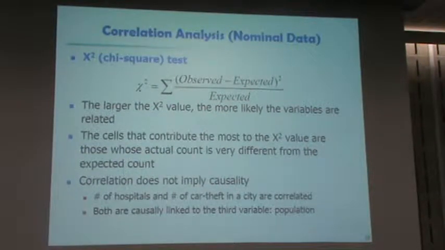So how can we find such correlated data to reduce the dimensionality? At that time, we can use the chi-square test. The chi-square test is formed as a sum of the observed value minus the expected value, squared, divided by the expected value.